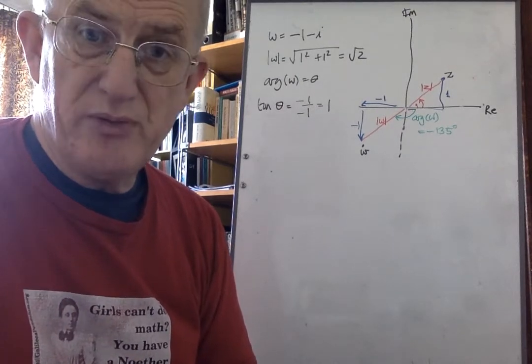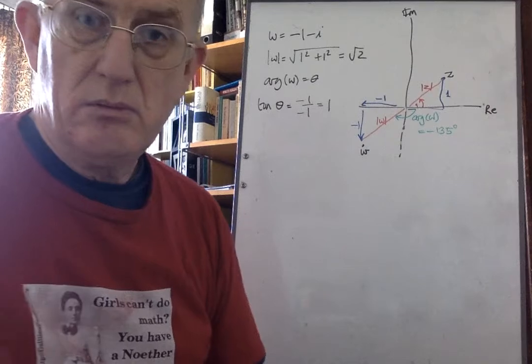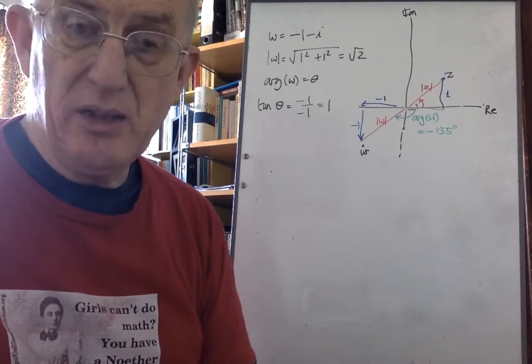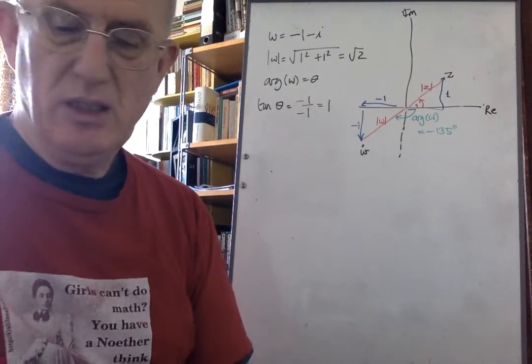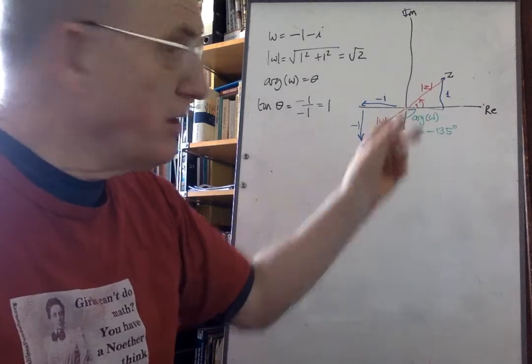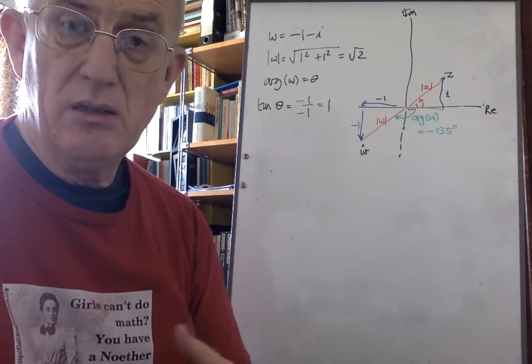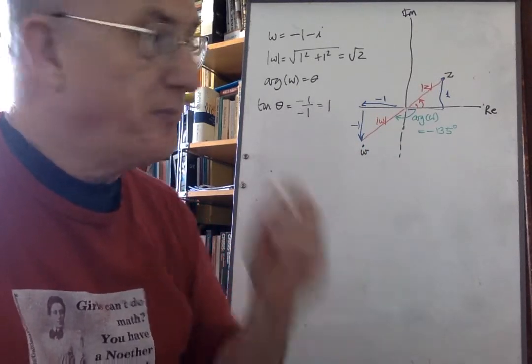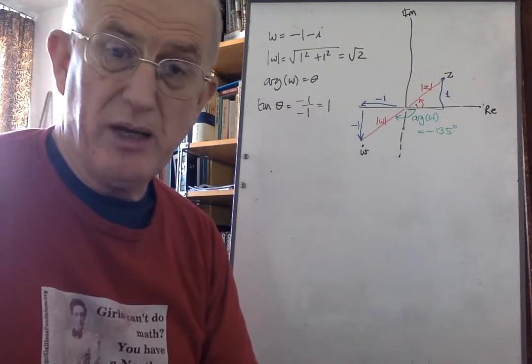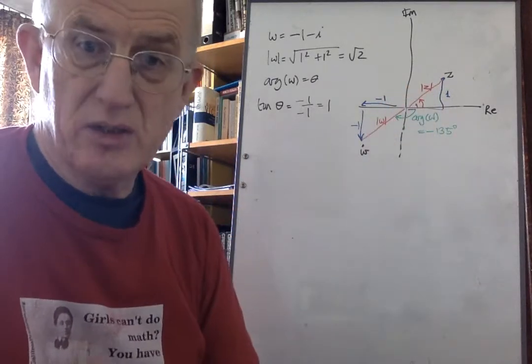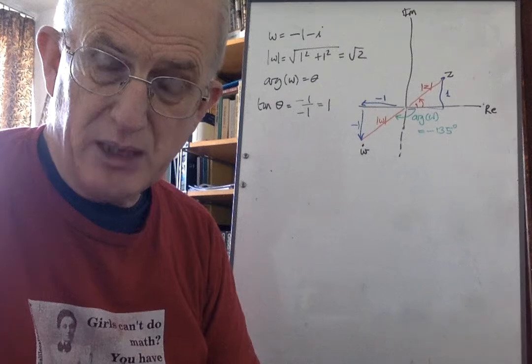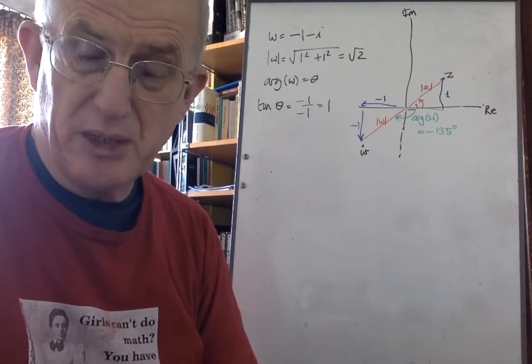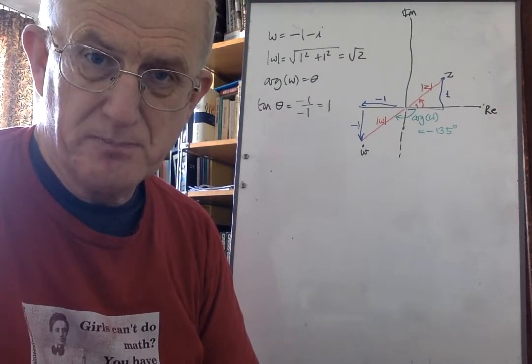And once we've done our tan to the minus 1 thing with the calculator, we have to look at the diagram and see if that's the right answer. And in fact, what we have to do is look at the answer we get from the calculator, sometimes add 180, sometimes take away 180.